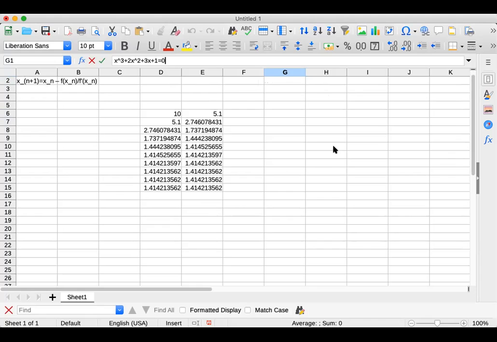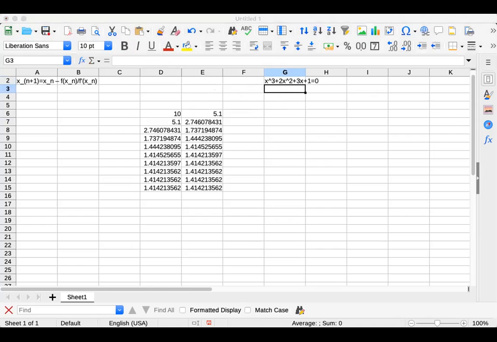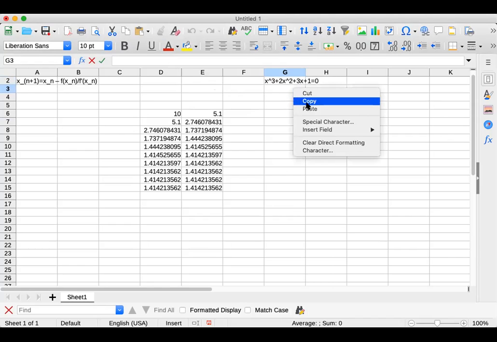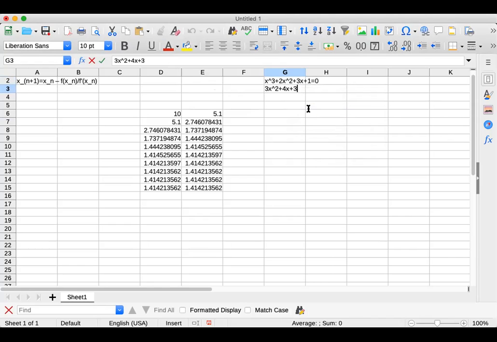So what do I need to do now? So this is the formula for our function. This, the formula for our derivative. And let's start with a number.